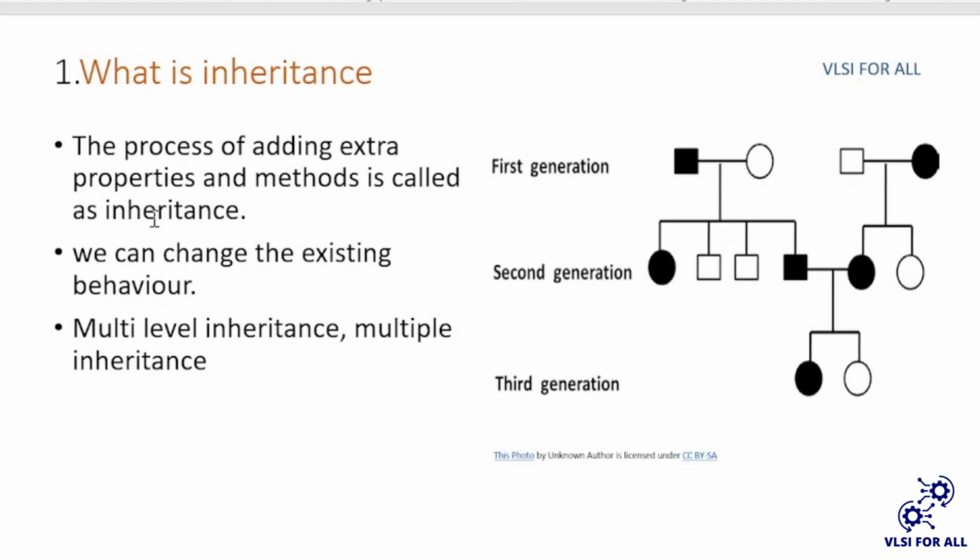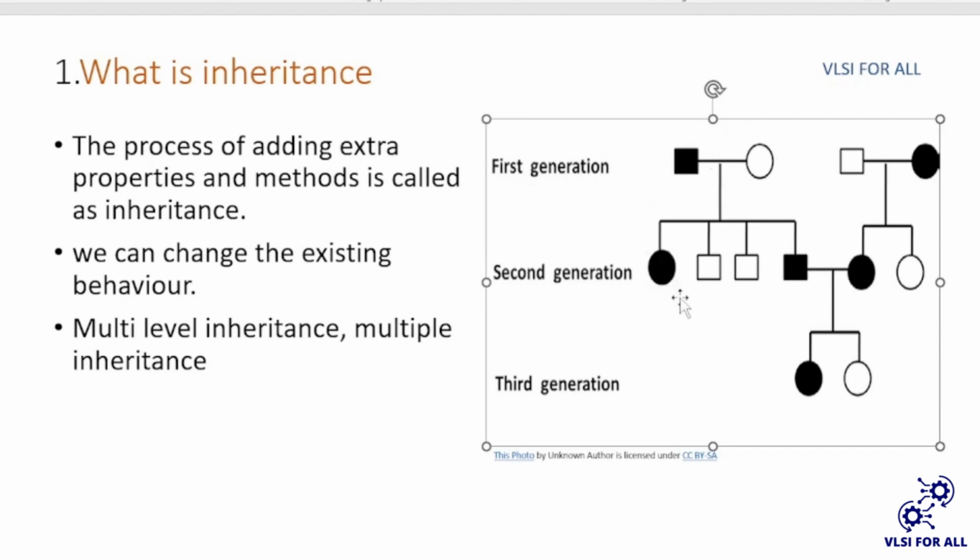We can change the existing behavior, and we can add properties or methods, whatever requirements come, by using inheritance. Here you can see the first generation, our grandparents, then our parents, then we. In inheritance, we have two types: multi-level inheritance and multiple inheritance.